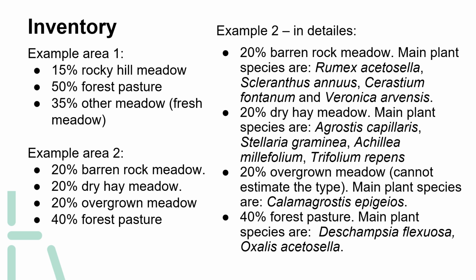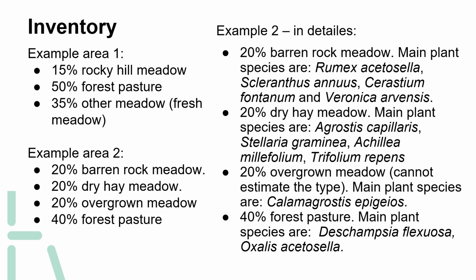And in example 2, we have it in a little bit different way, but also here it's pretty easy. You could say that 20% is barren rock meadow if it is rocky, and 20% dry hay meadow. You also recognize when it's very dry, there is little soil and the plants are very short.